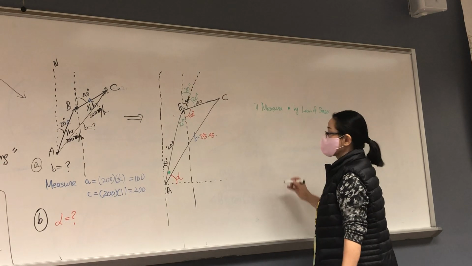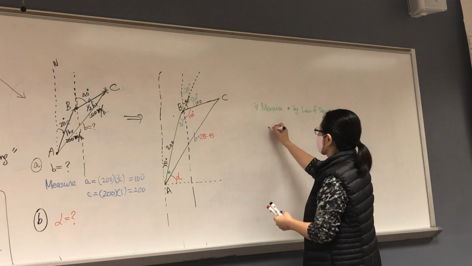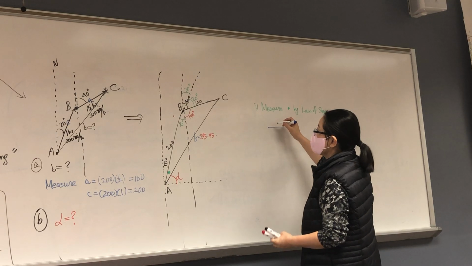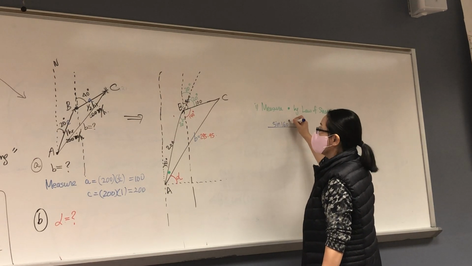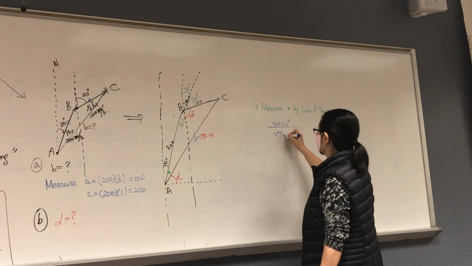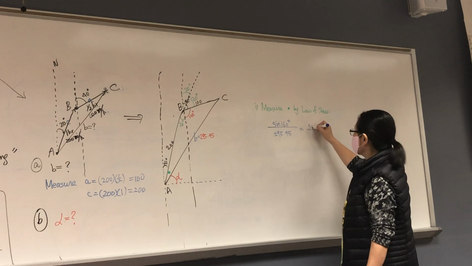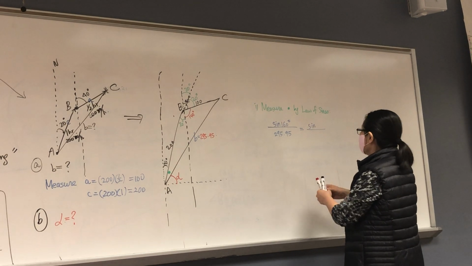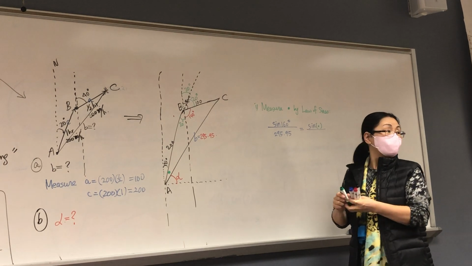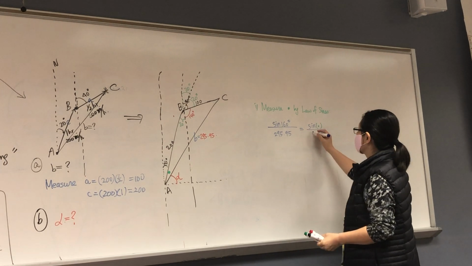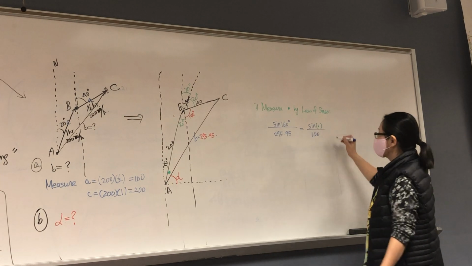How to? It is sine of this angle over 160 equal to sine of 160 over 100. And solve.